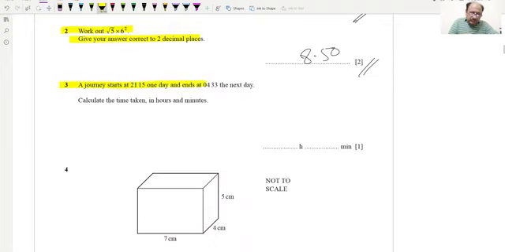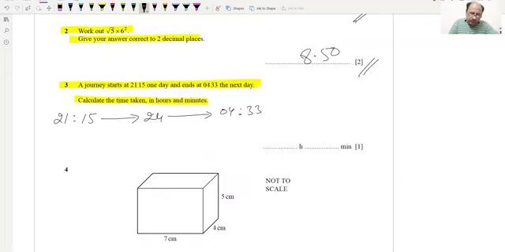Now question number 3, a journey starts at 21:15 one day and ends at 4:33 on the next day. Calculate the time taken in hours and minutes. So we can check for 21 hours and 15 minutes, and up to 24 we'll be checking, and after 24 it will be for this one.